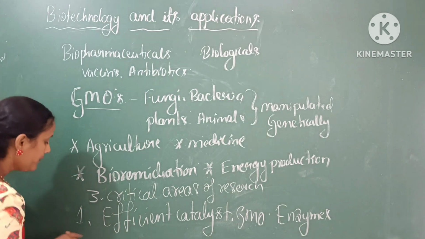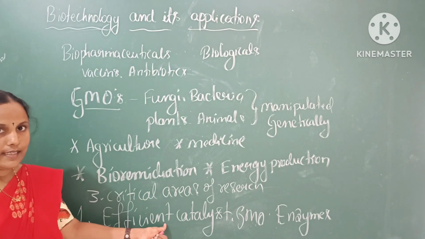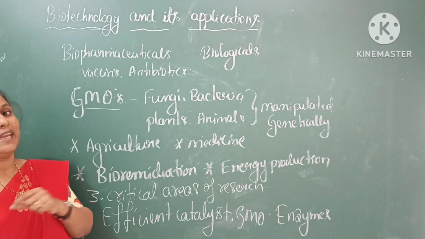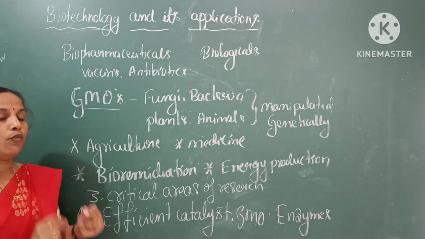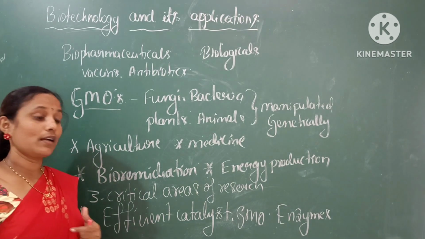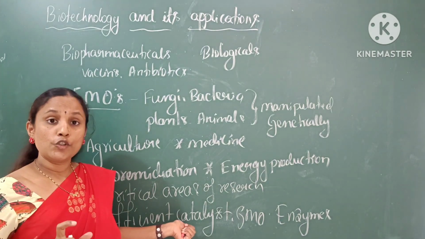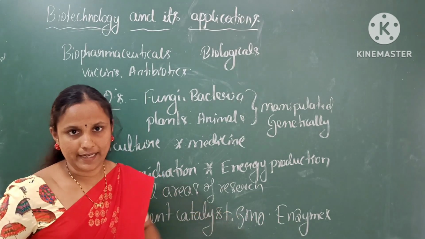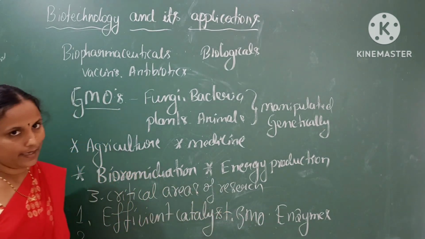And the second one, after creating the best catalyst, if we want the best product out of the catalyst, we need to provide a suitable environment for the action of the catalyst. So that is the second critical area of research.